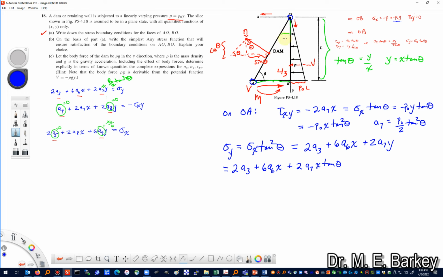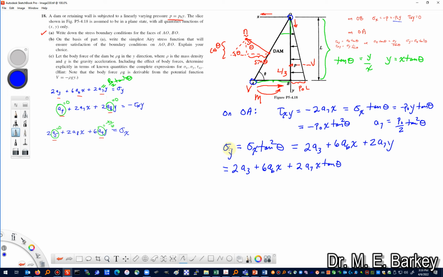So for any position x or y, the tangent of theta would be equal to y over x. Now that means that y is equal to x tangent theta, and we will use that here in just a little bit. So I guess we didn't use it in this one, but we solve for a7, the x's cancel out, the minus signs cancel out, so a7 is equal to positive p naught over 2 tangent squared theta.